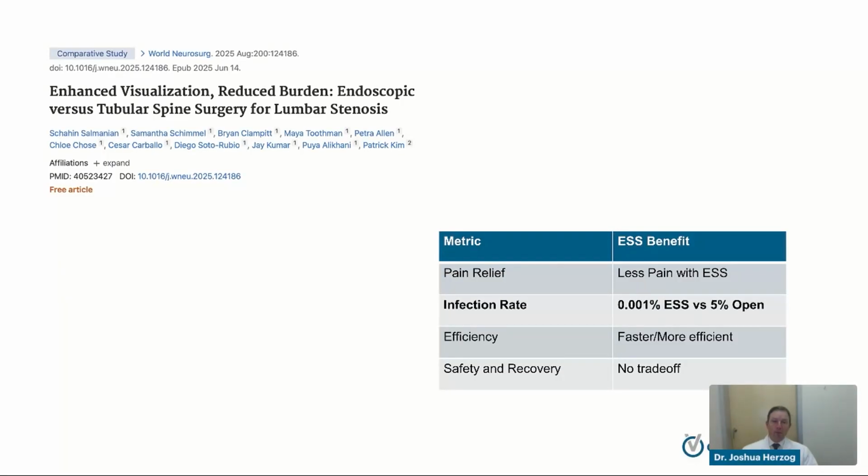And so what may have been more difficult to even appreciate in an open technique, the difference between scar tissue or nerves or blood vessels, becomes perhaps easier with the endoscopic because the visualization is much, much, much more magnified.